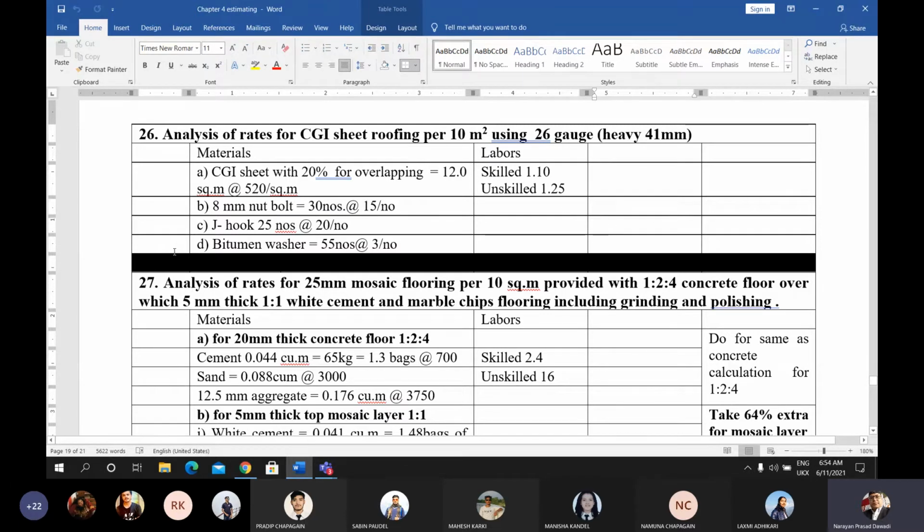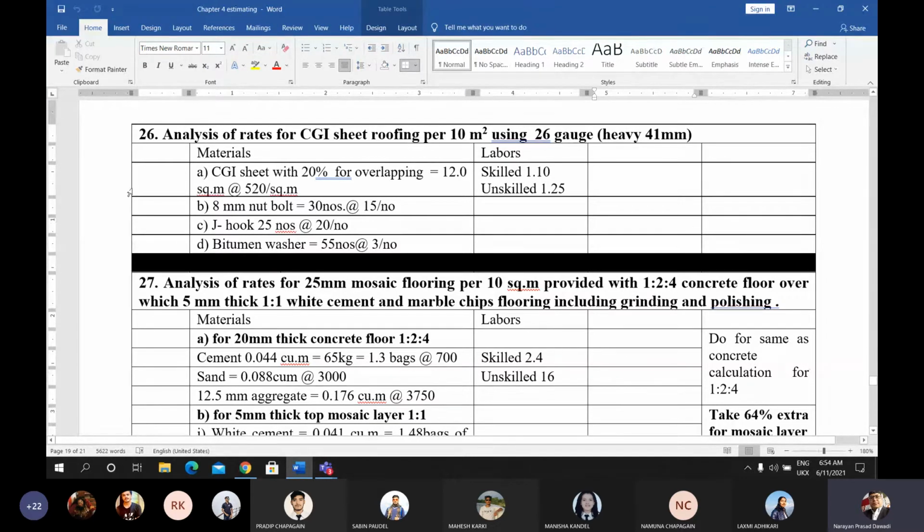After knowing the material cost and labor cost, if you need other tools and plant cost, provide 3%, otherwise it may not be used here. Write the material cost and labor cost and add them, provide 15% contractor's overhead and add again, then provide 13% for the contractor's tax or VAT.